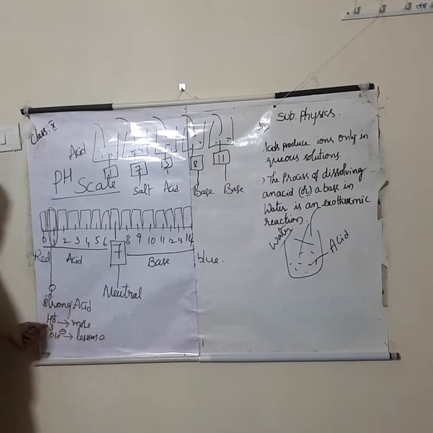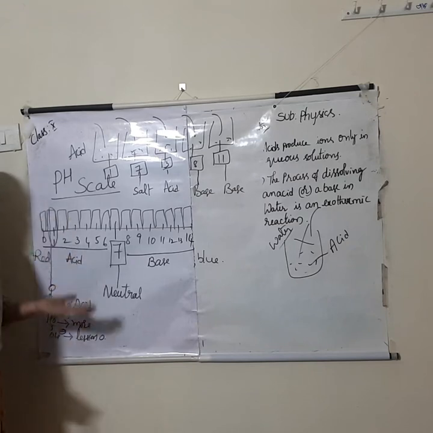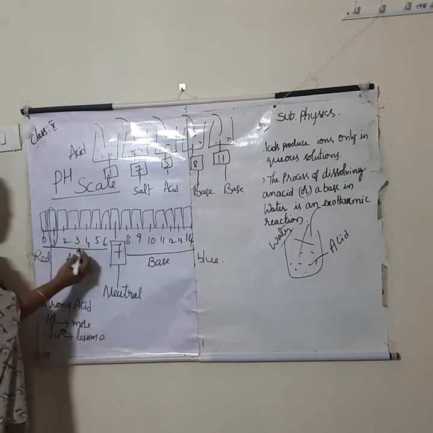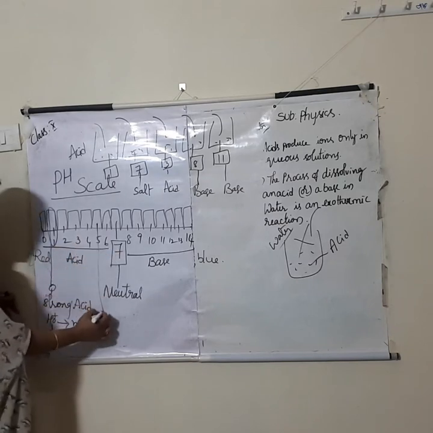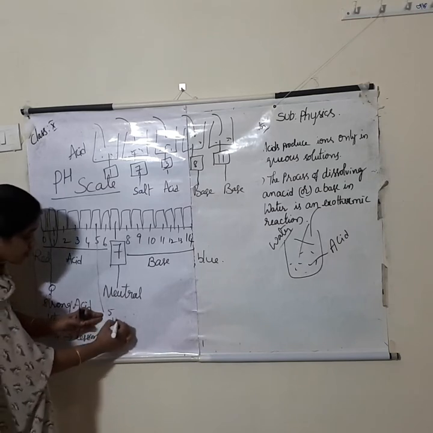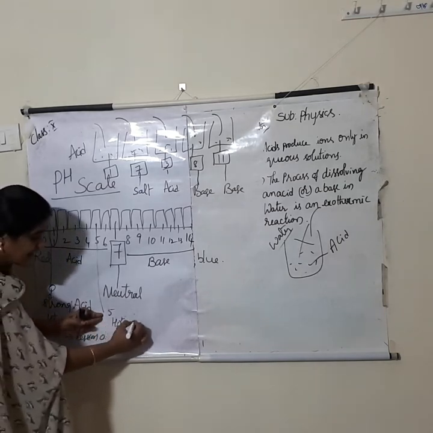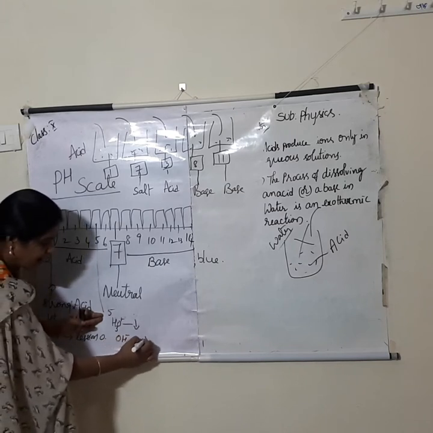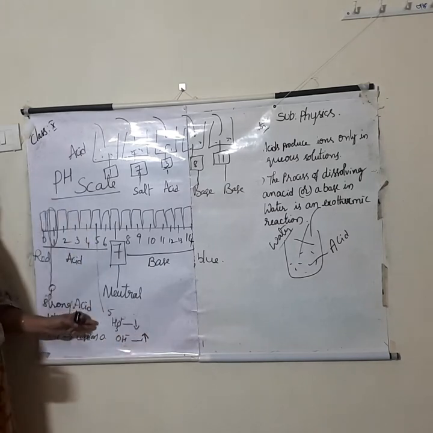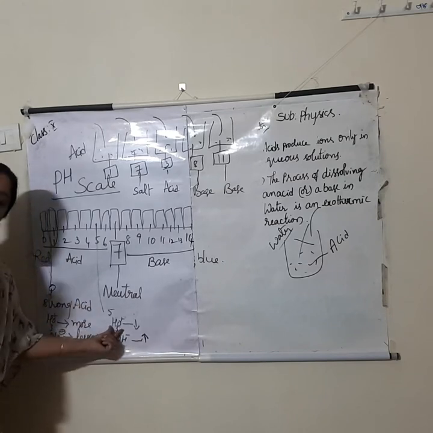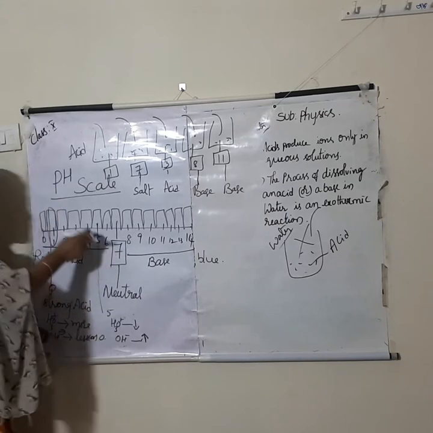So here H3O+ ions are more, which means it comes under strong acid, its concentration is more. Like that when you go on, when you come to 5, the H3O+ ions are gradually decreasing and OH- ions are gradually increasing. But when you compare, H3O+ ions are still more. So that's why it comes under acidic nature.